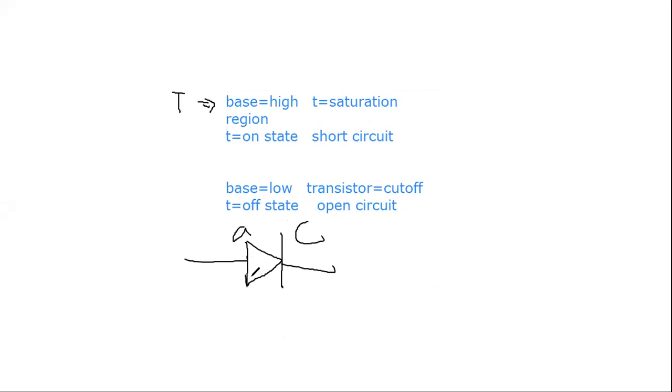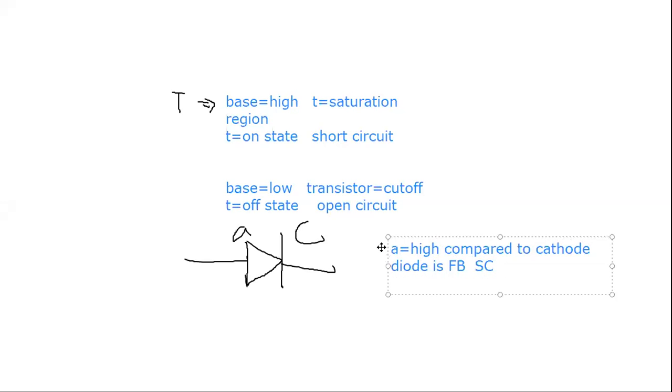When the anode voltage is high, we apply the input across this point, and the anode voltage is high compared to the cathode. Then in which region is the diode, forward biased or reverse biased? The diode is forward biased. So when the diode is forward biased, for ease we just assume that it acts as a short circuit.